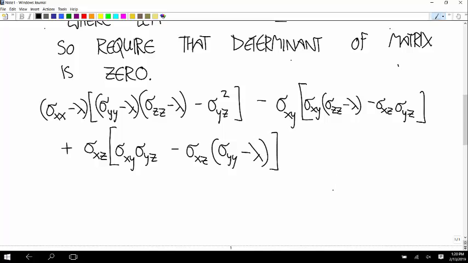And we're setting all that equal to 0. Okay, so that's what's required for this matrix not to be invertible. Because if it's invertible, there's a trivial solution. We don't want that, and so this is our requirement.